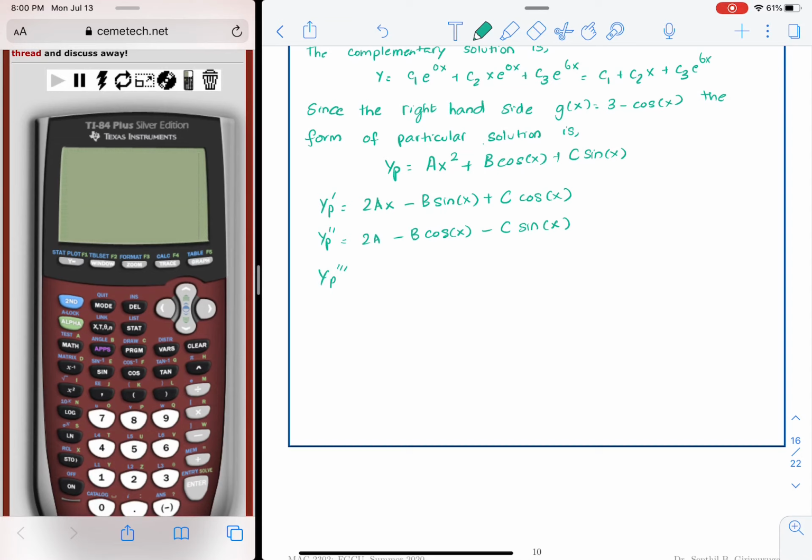Yp triple prime is 0 plus b sine x minus c cosine x. Now we plug in yp triple prime, yp double prime. I think those are the only two things we have in this problem.